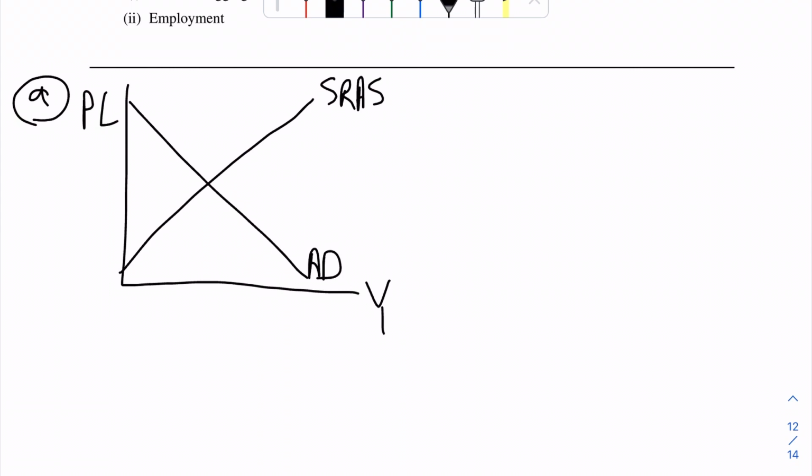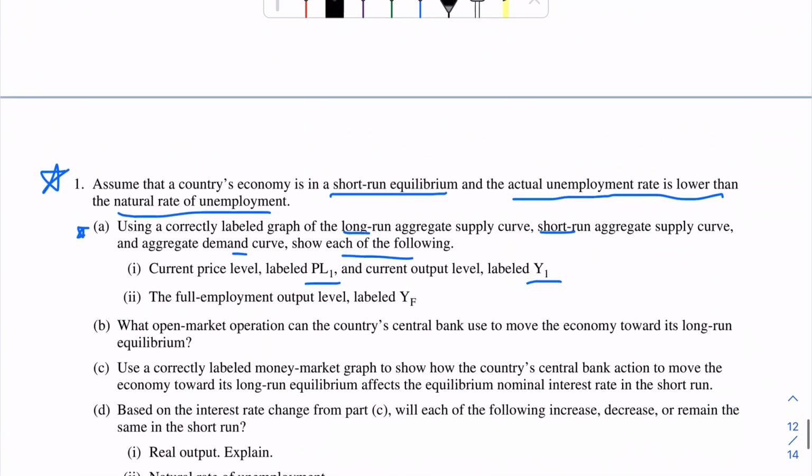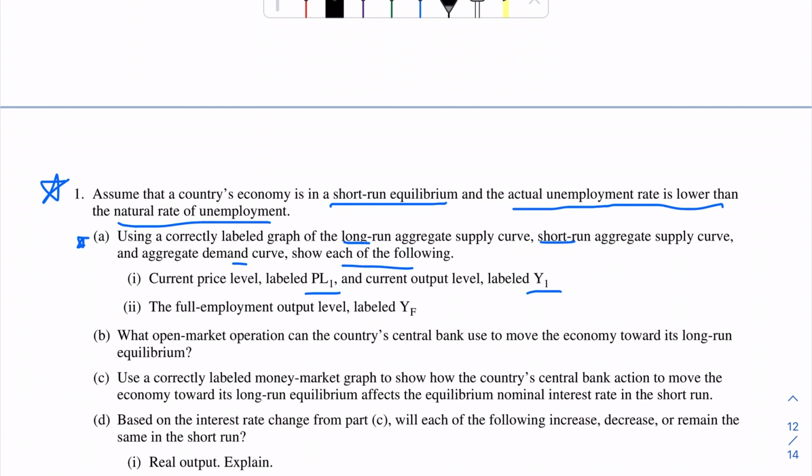Now we need to figure out where to draw the long run. What kind of gap are you in? If you're in a short run equilibrium, that just tells you that your aggregate demand is equal to your short run aggregate supply curve. If your actual unemployment is lower than your natural rate, that would mean that you're hiring more people than your natural rate.